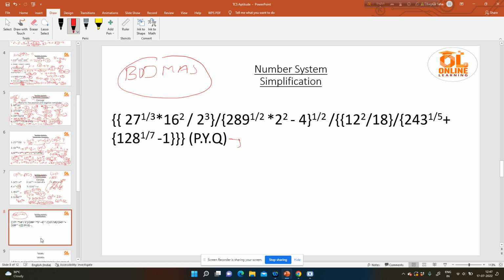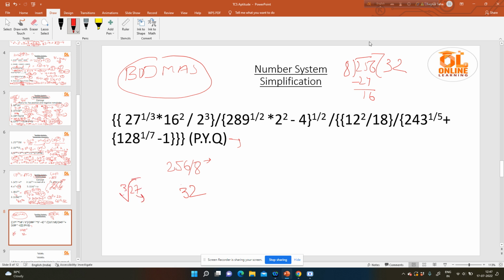So 16 squared is 256 by 8. So what is 256 by 8? If we solve here, 8 by 256, 8 3s are 24, and 16, 8 2s are 16, so it will be 32. Now 27 to the power 1 by 3, that is the cube root of 27.